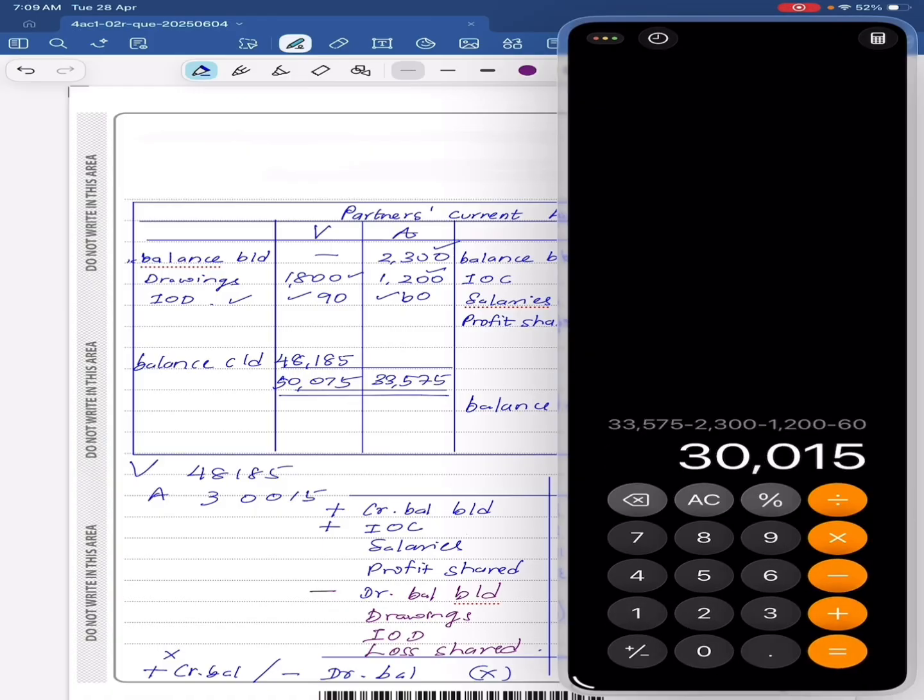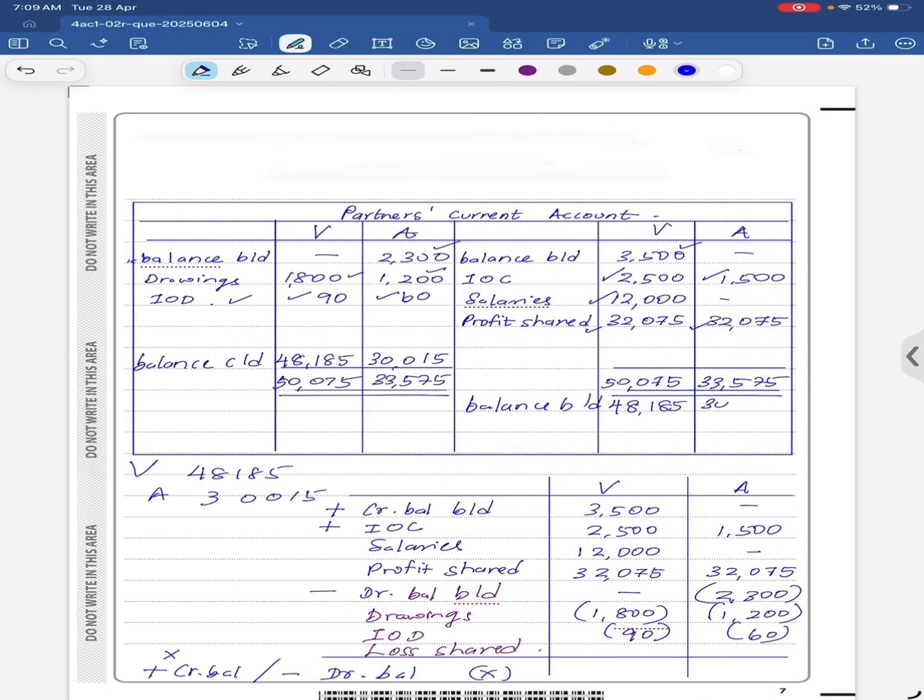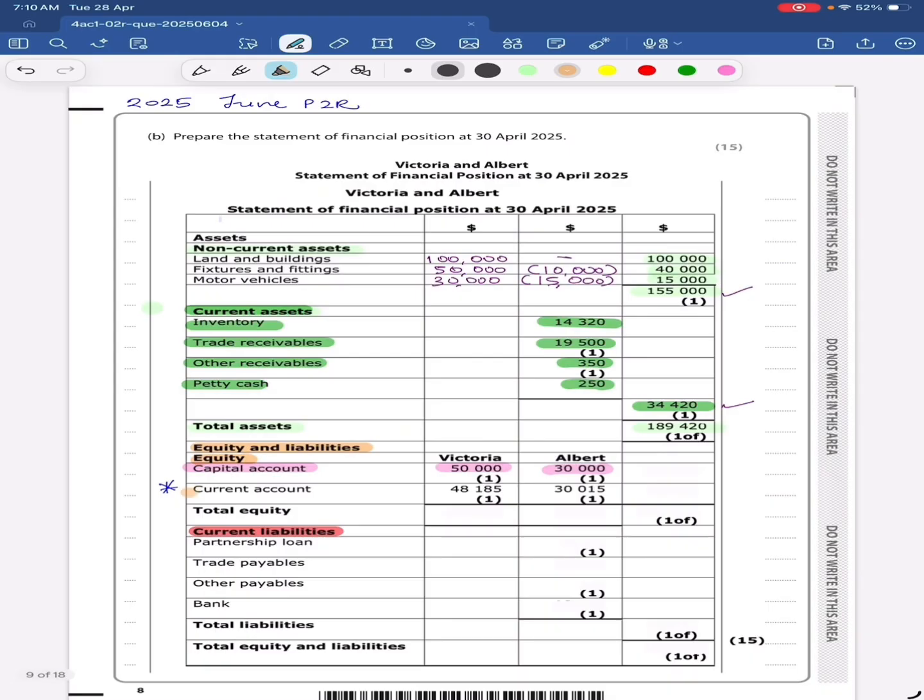Should give 30,015. Now both have a credit balance, therefore you should enter this information, 48,185 and 30,015, for the current account, the SOFP.